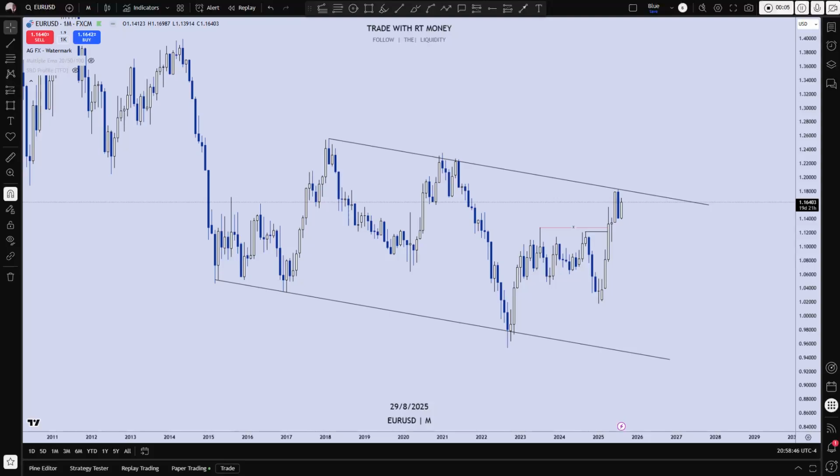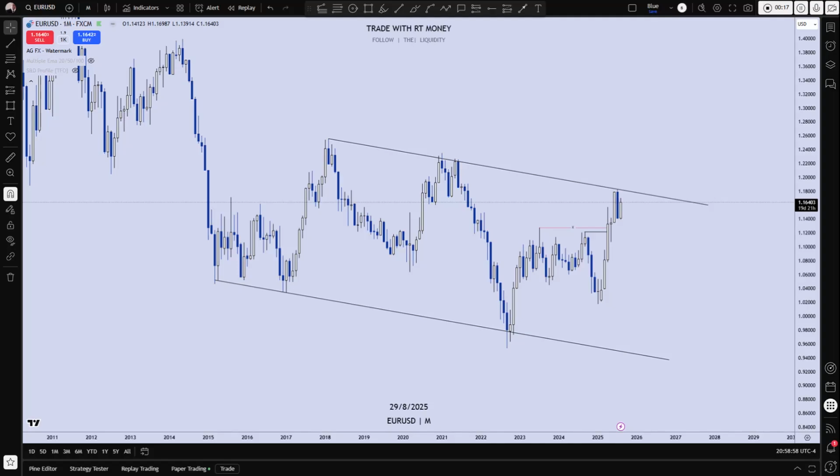We're taking a look at the Euro USD. First, if we take a look at the economic calendar for the upcoming week, the one day we have to be aware of is Tuesday. Monday, there's no red folders. Tuesday, we have the RBA giving an interest rate decision for the Aussie, and later on we have core CPI.